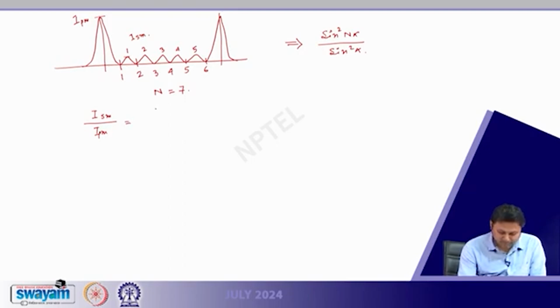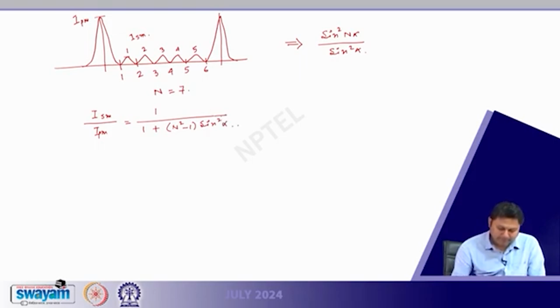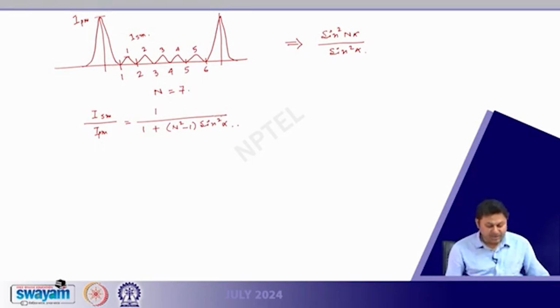That quantity is 1 divided by 1 plus n square minus 1, and then sine square alpha.